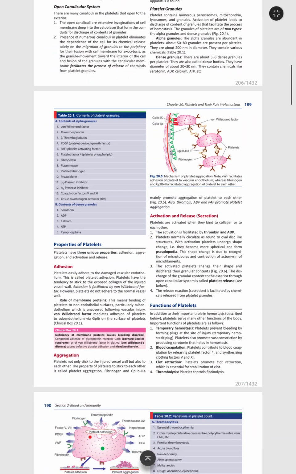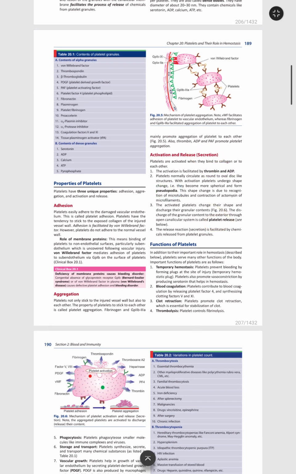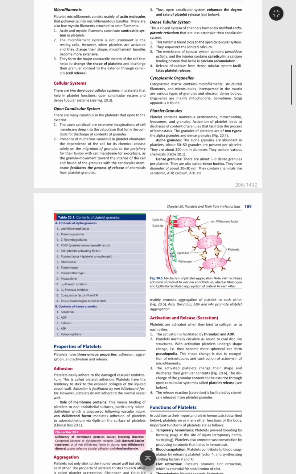That's it. Then properties of platelets, which are adhesion, aggregation, release, secretion, pseudopodia, thrombin, platelet release, aggregation. Von Willebrand factor is present on the endothelium. There is GP1B9.